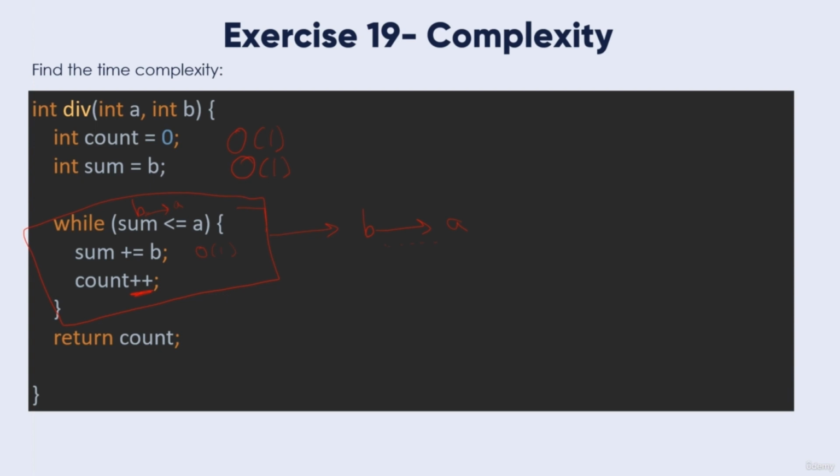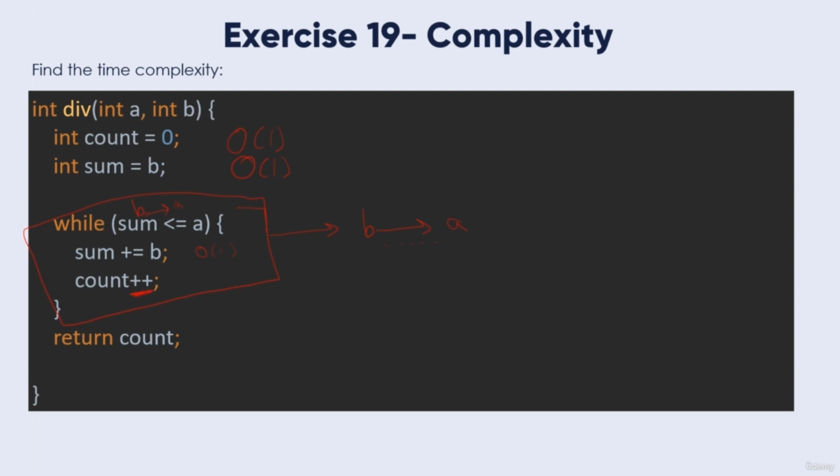But there is something here. Sum is equal to the old sum plus b, so the sum is going to grow by b each time.